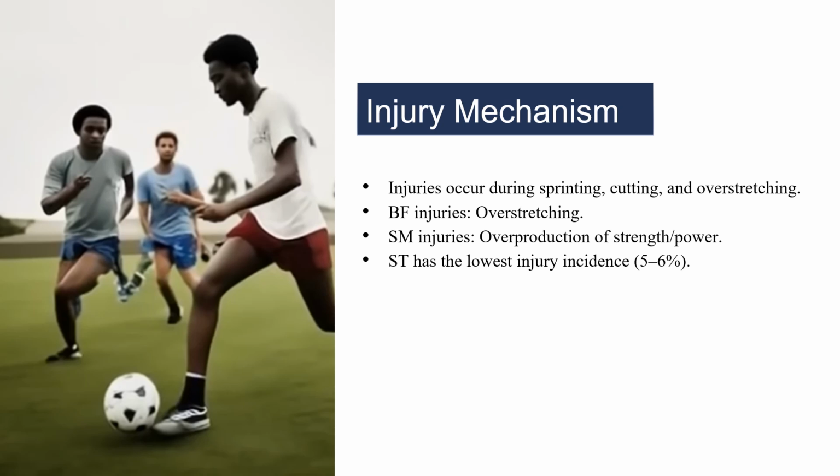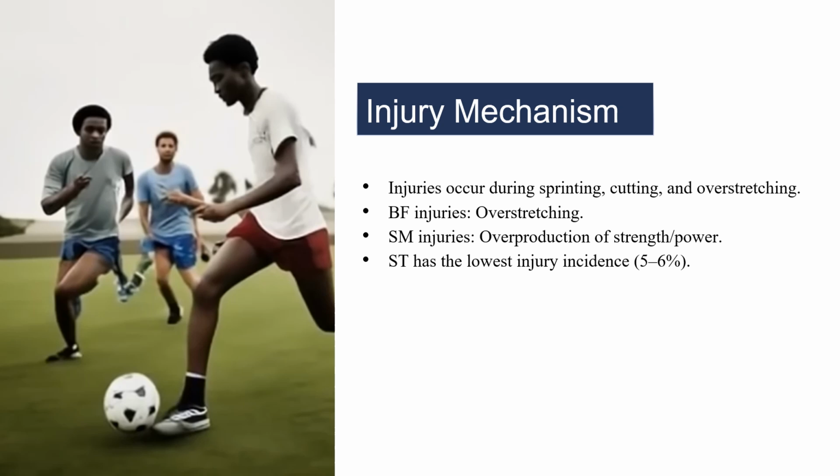Injury mechanism: usually hamstring injuries occur during sprinting, cutting and overstretching, and as we can see, soccer requires all these types of activities. Biceps femoris is usually injured during overstretching, as we can see while a player is kicking the ball, followed by semimembranosus due to overproduction of strength and power.